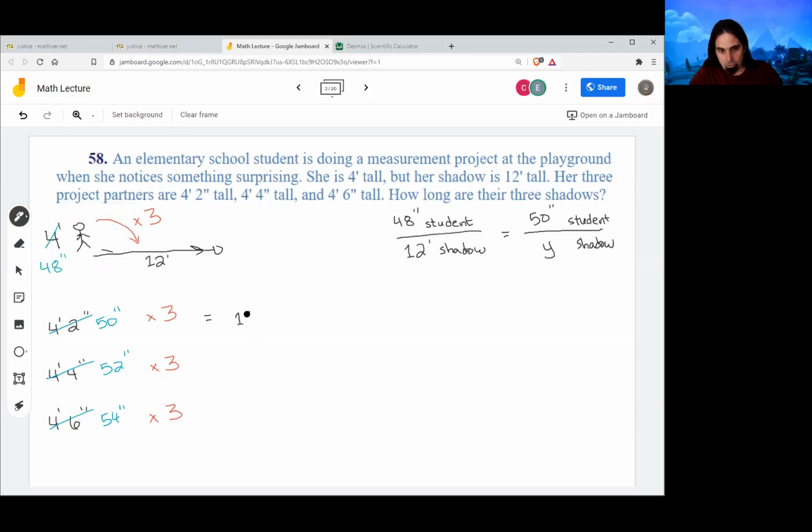So this one is 150 inches. This one's going to be 156 inches. And this one is going to be 162 inches. I could be done. Maybe somebody wants me to write it as a mix of feet and inches.